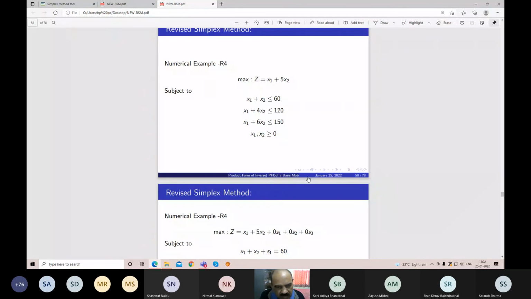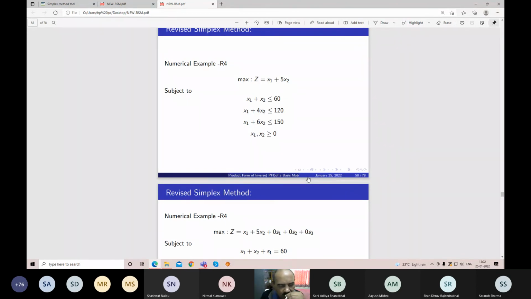And the problem given for the revised simplex, you can also apply simplex, no problem. But try to use the condensed form of the simplex table if you are using the simplex table. If you are using the steps you have done here for the revised simplex method, only the first table is required, and using the first table, what is your answer?